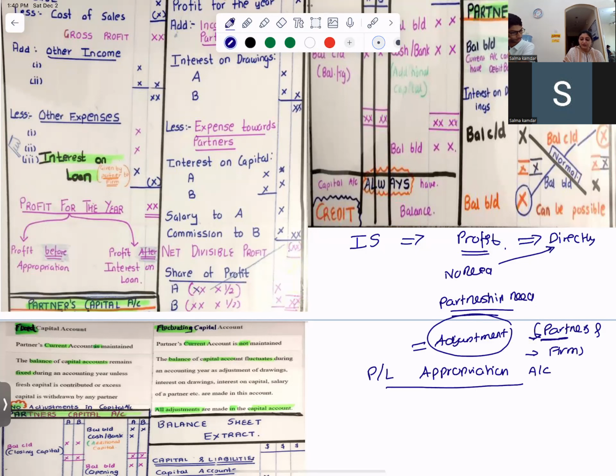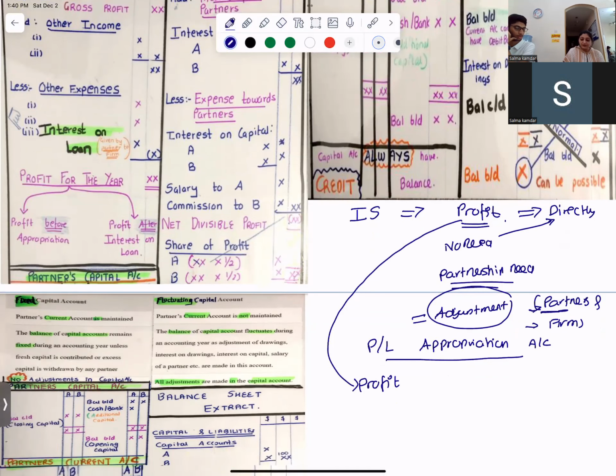The profit and loss appropriation account will start with the same profit that is there in the income statement. Then whatever adjustments are there between the firm and partners, you do those adjustments and arrive at the residual profit, also called the net divisible profit.